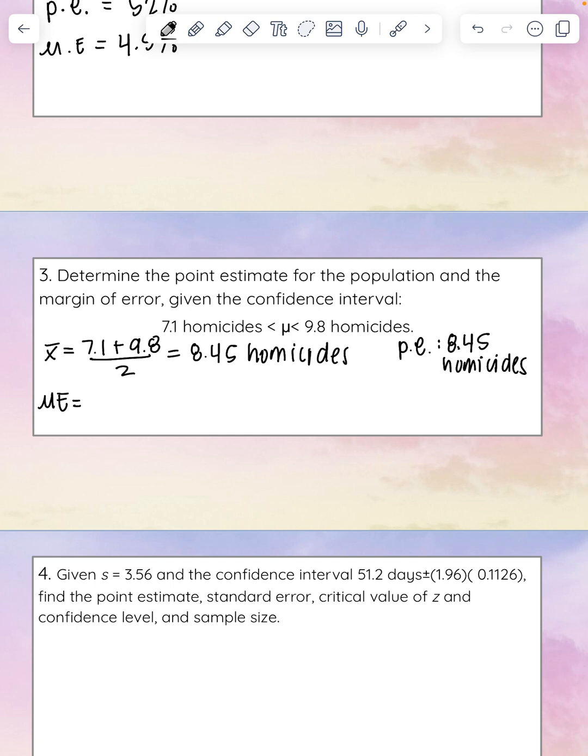So to see how wide this is, take the upper bound, 9.8 minus 8.45. Okay, so the margin of error is 1.35 homicides.